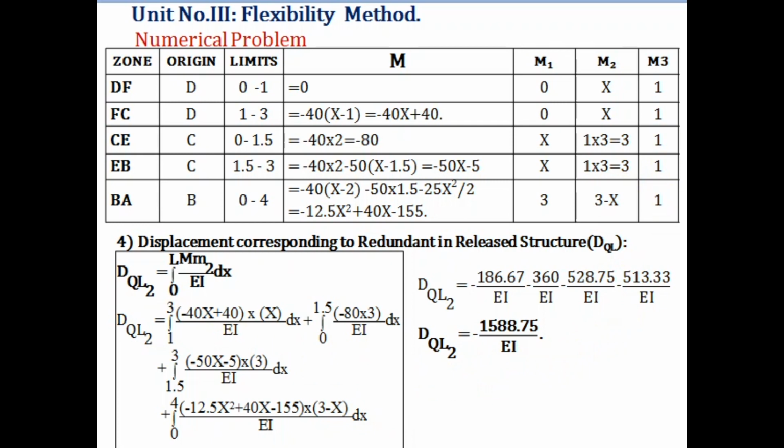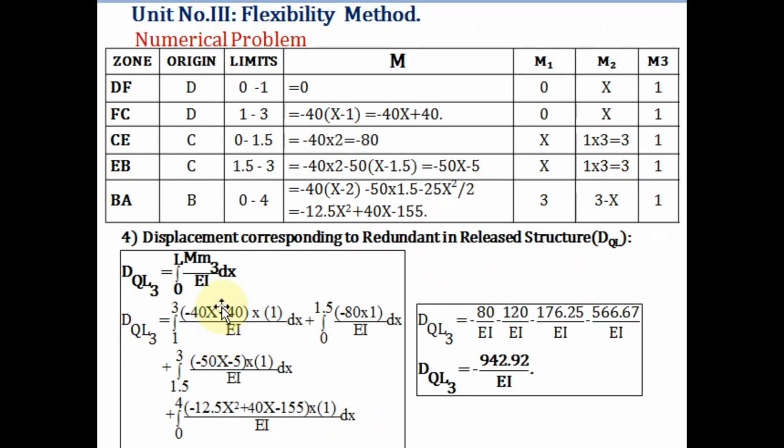Okay. Now after finding out the value of dQL2, we'll find out the value of dQL3. Now here the value of M3 is 1. So for FC, the limit is 1 to 3, minus 40x plus 40 into 1 upon EI. Then for CE, limit 0 to 1.5, minus 80 into 1 upon EI. Then for EB, it is minus 50x minus 5 into 1 upon EI, limit 1.5 to 3.